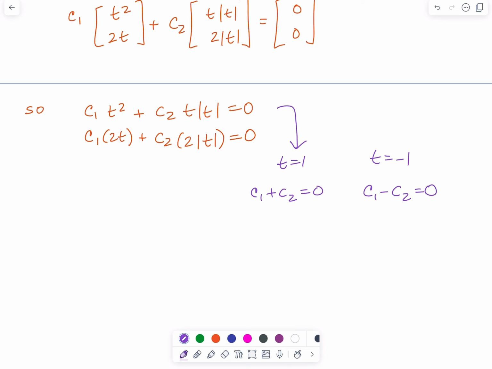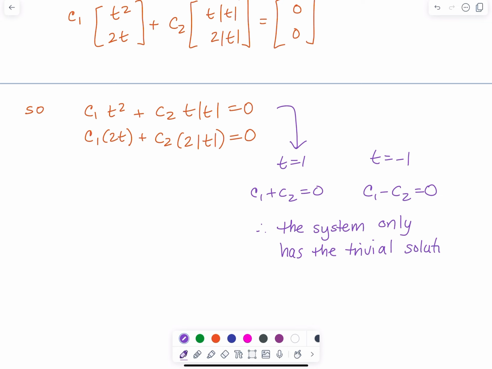So therefore the system only has the trivial solution, of course, when they are both equal to 0. Therefore, the vectors are linearly independent. And that concludes this video.